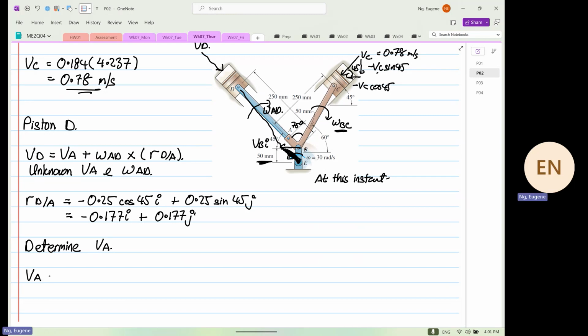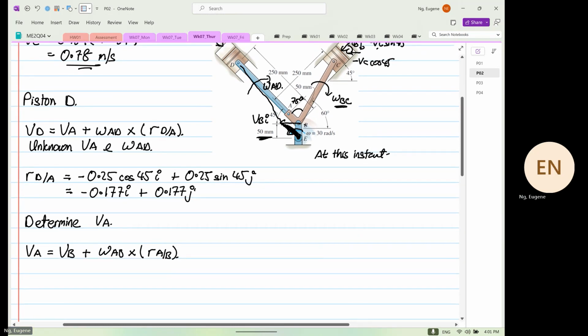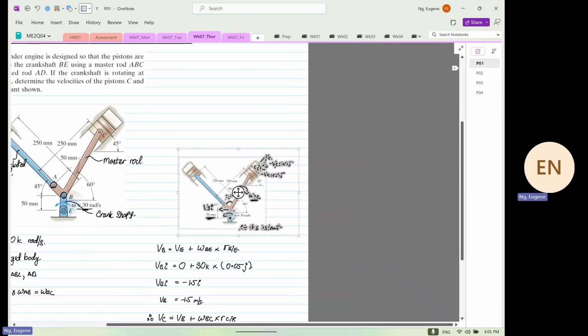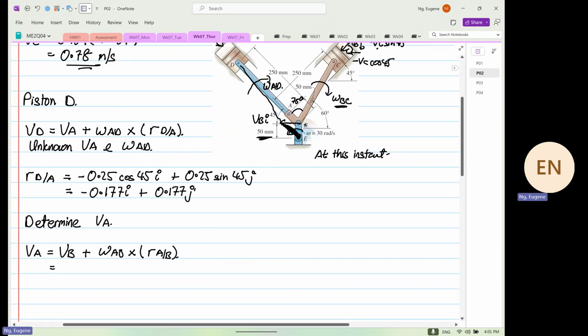So VA is equal to VB plus omega AB cross R A from point B. So VB, we know is what? I can't remember now, I do apologize. VB is equal to minus 1.5 i.